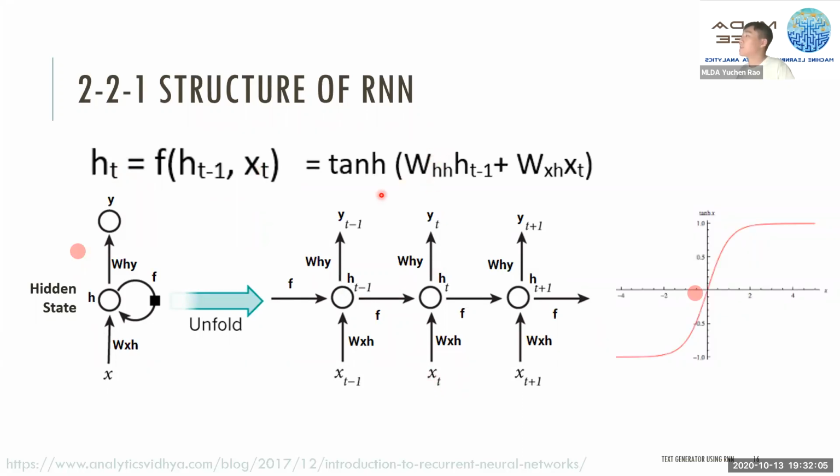In practice, we use a hyperbolic tangent (tanh) here, which compresses our output into a range of -1 to 1, for consistency.